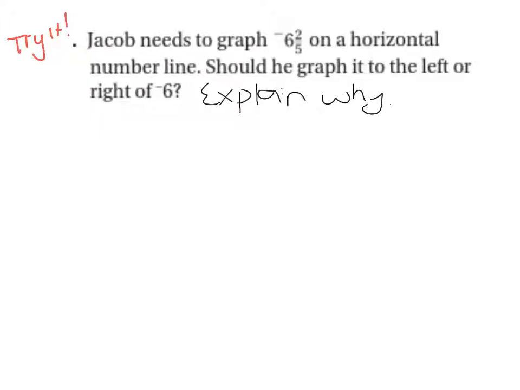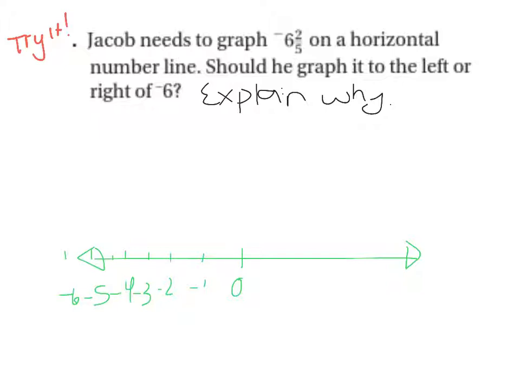Okay, so I would just draw a quick number line. If I had 0 here, and -1, -2, my number line's not big enough. -4, -5, and -6. When I graph -6 and 2/5, it would actually be right here. So it would be on the left. The left.